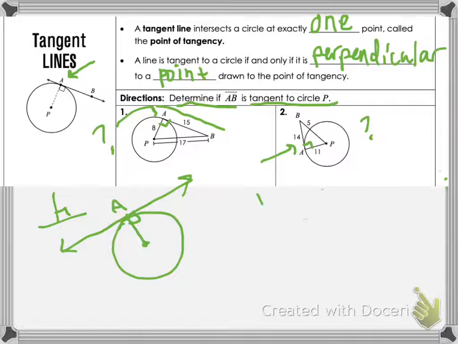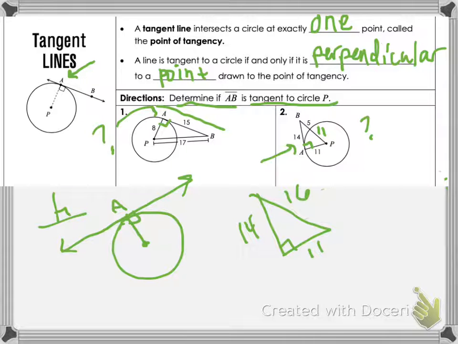But we're missing some information. We know this is 14 and this is 11, but we don't know the hypotenuse here. If we look at the picture, we see that the radius is 11 in this circle, so this little segment is also 11. So the hypotenuse here would be 16.